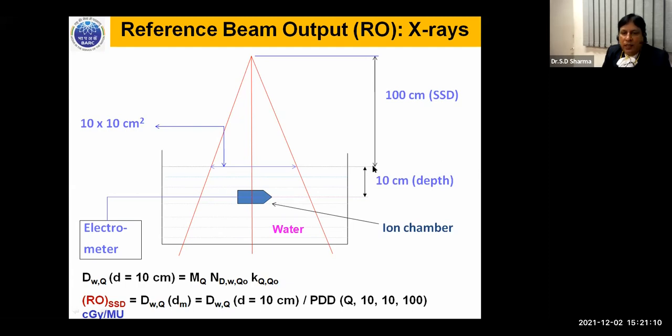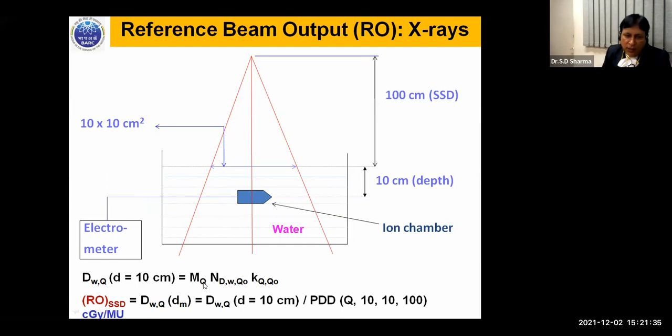As per the IAEA recommendation, the chamber has been positioned so that the central electrode is aligned along the plane at 10 centimeter depth in water. The SSD of the machine is 100 centimeter, and the chamber is irradiated with 200 or 300 monitor units, and then we get the electrometer reading.